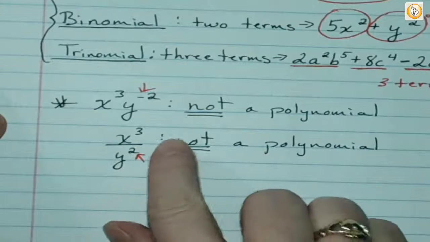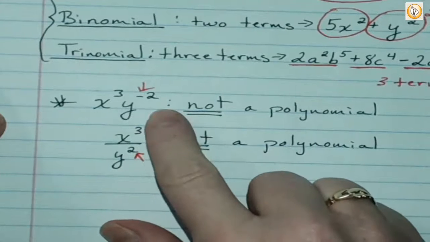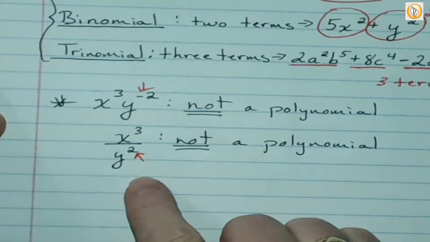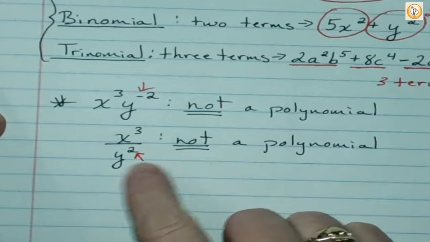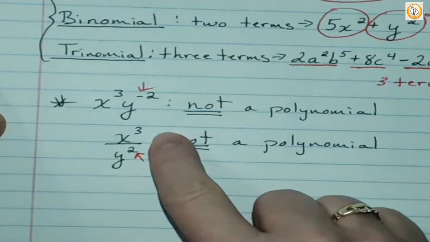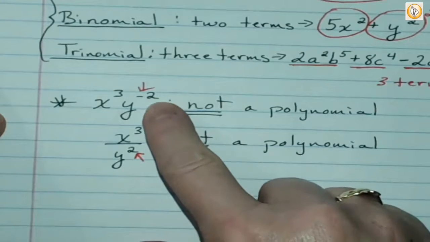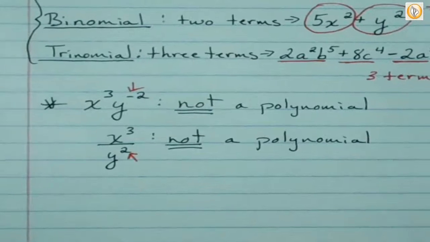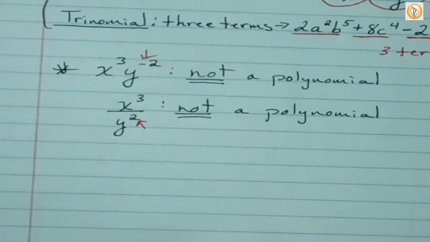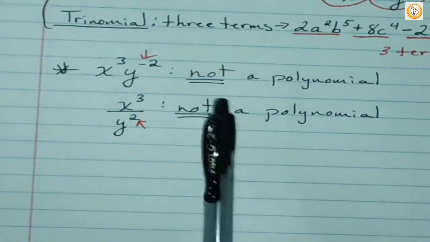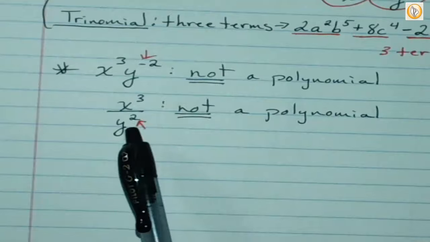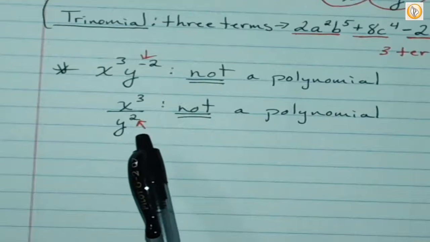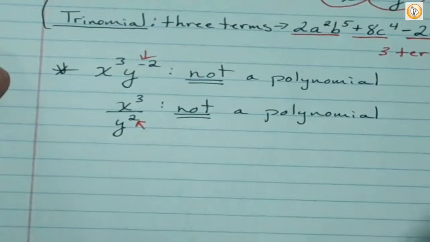Because if I were to move this up, wouldn't that make it negative? Absolutely. If I were to move that y squared up on top, it would make it y to the negative 2. That's how we handle negative exponents. And since you can't have negative exponents, you can't have an exponent in the denominator.